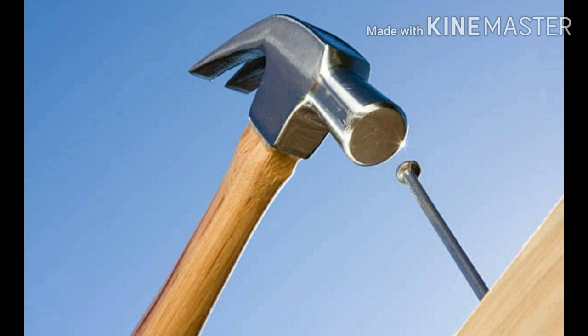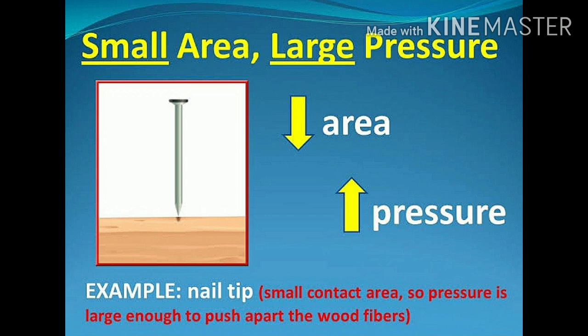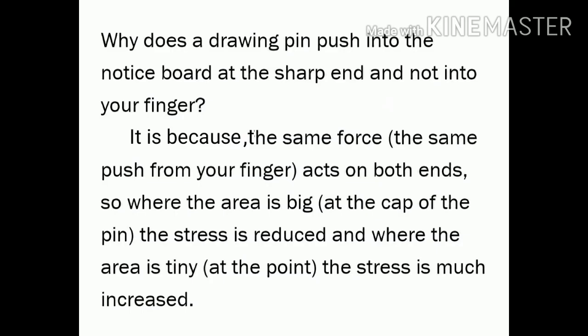This is possible because the area at the end of a sharp pin is smaller than the area at the end of a blunt point. The final result is an increase of pressure in the first case, hammering a sharp pin, compared to the second case, hammering a blunt point.